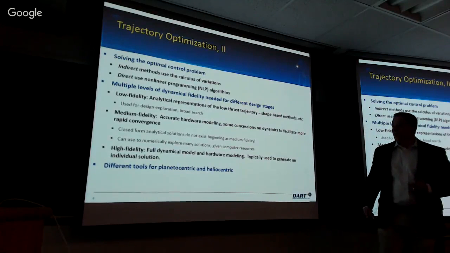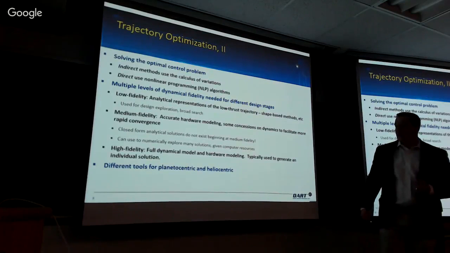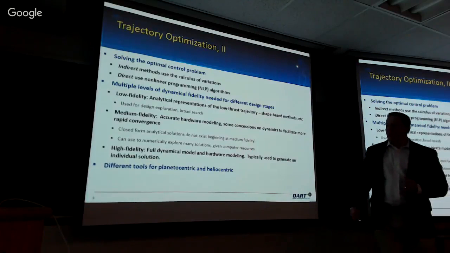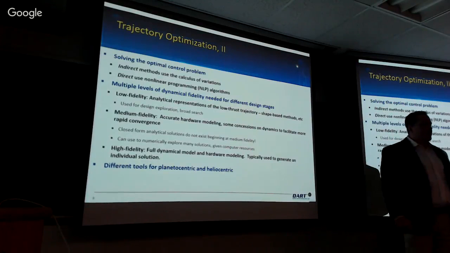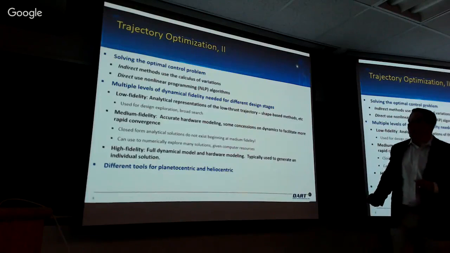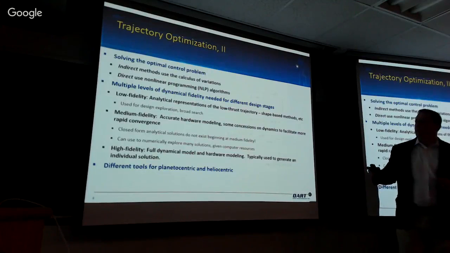And then high fidelity is bare too. It needs a lot of work in terms of R&D. There are different tools for planetocentric and heliocentric because of the underlying nature of how the trajectories behave. Let's talk a little bit about that. I'll just touch on it right now.